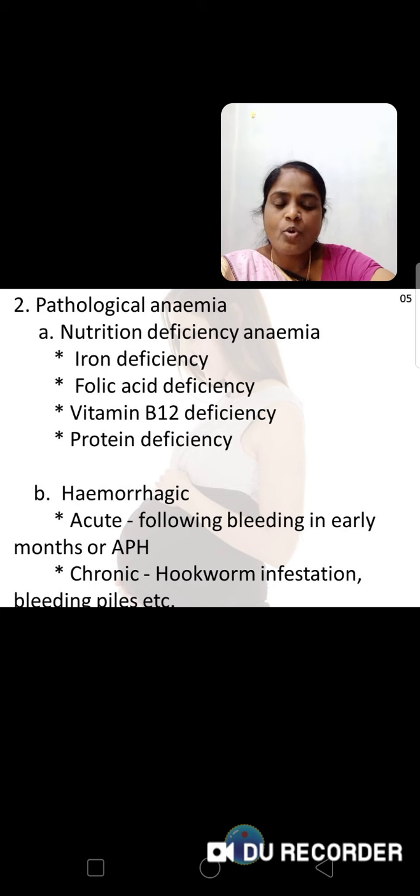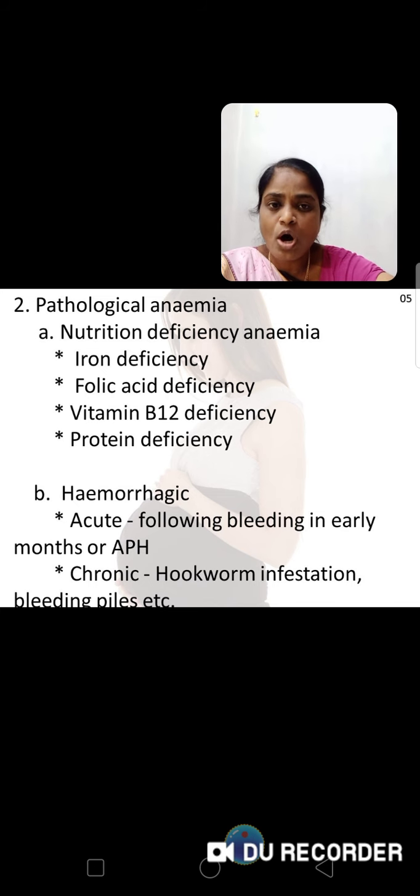If you remember the erythropoiesis process, the production of RBCs: the lifespan of an RBC is 120 days in an adult.